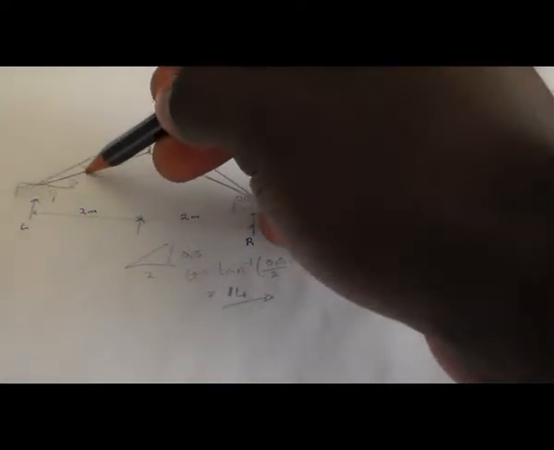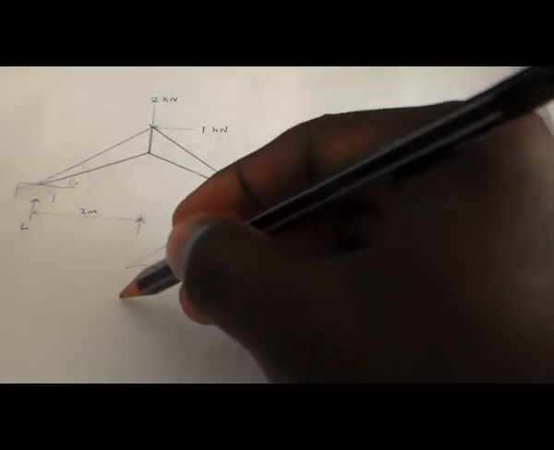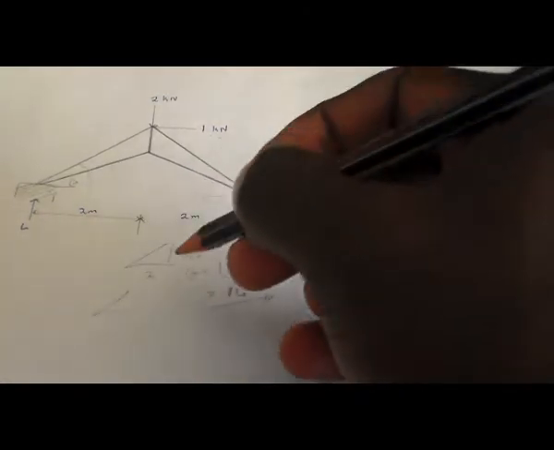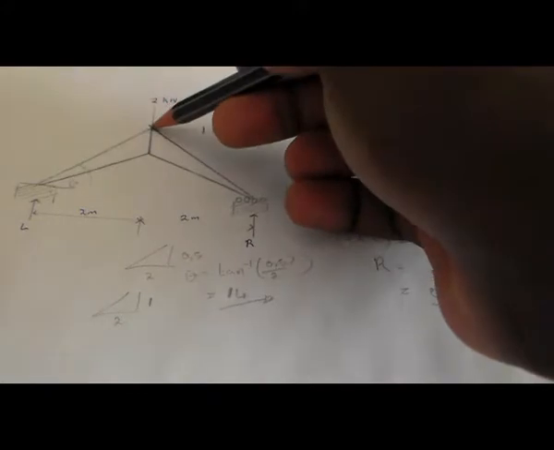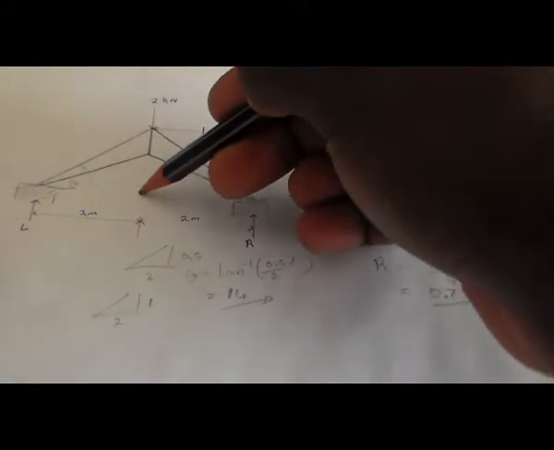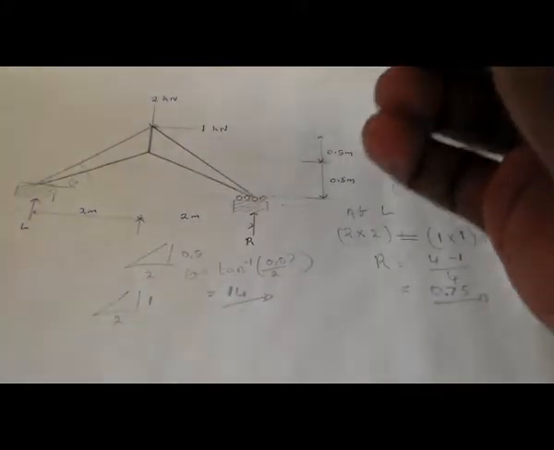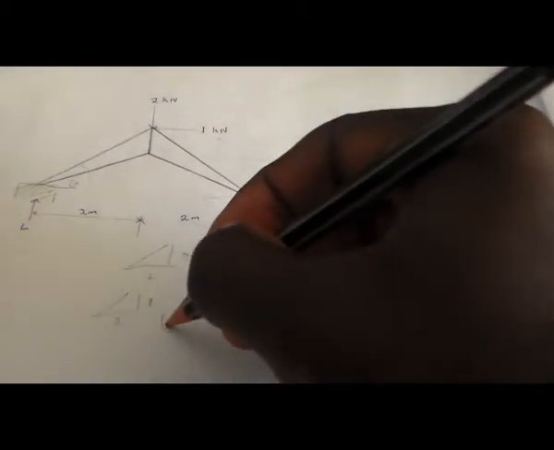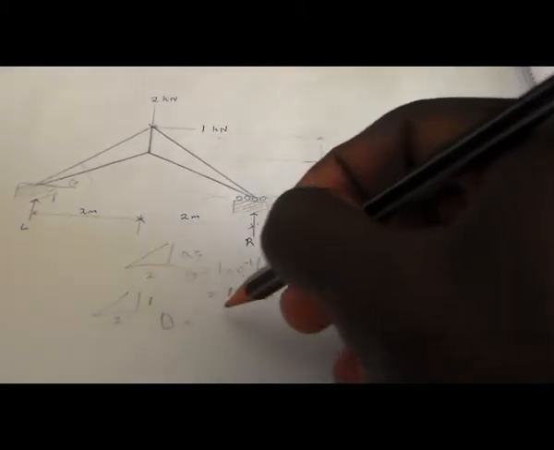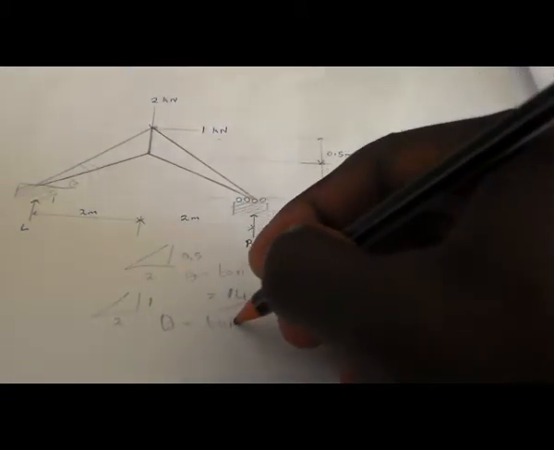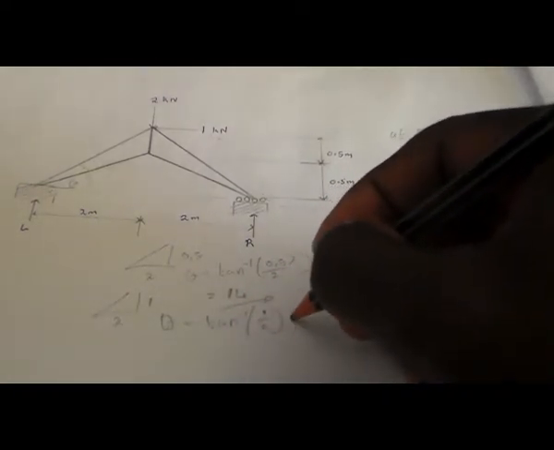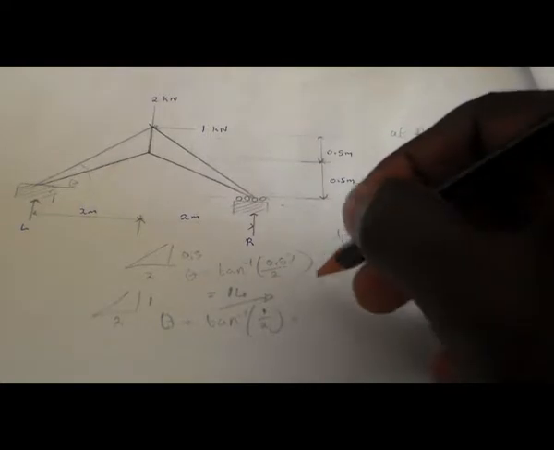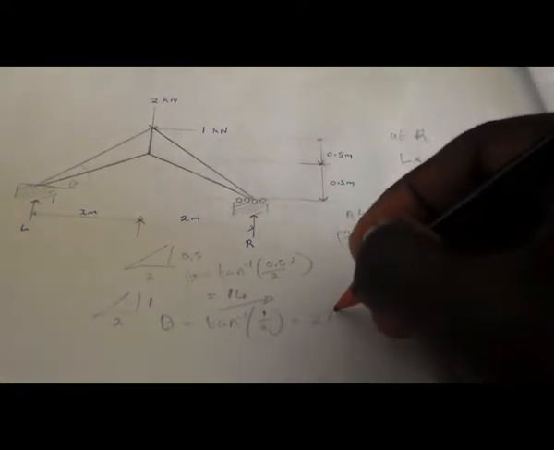Then for the whole side, it will be 2 and 1, that is the whole distance from this point to the bottom, so it's 1. Therefore the angle is the inverse of tan of 1 over 2, which gives us 27 degrees.